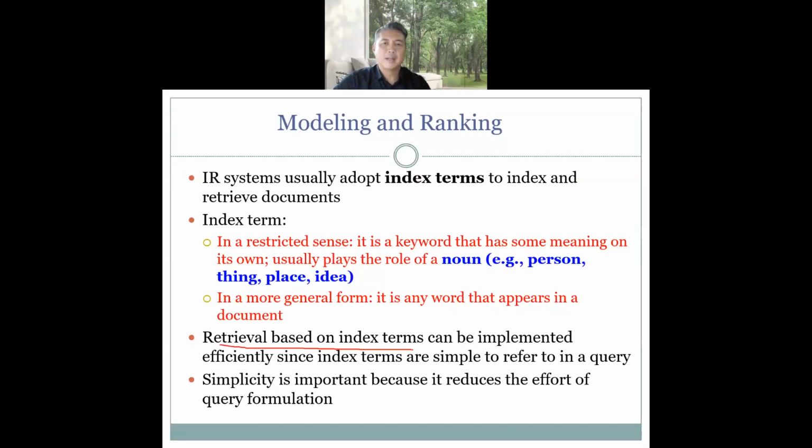We want a simple retrieving system that uses an index, which can be extracted from both the document and the query. Okay, so if we have this term or index, or sometimes they call it keyword, in both query and document, it is easier for us to compare the similarity between the keyword and the document.